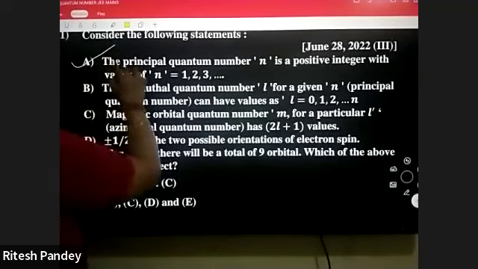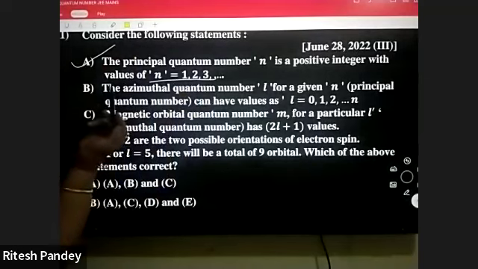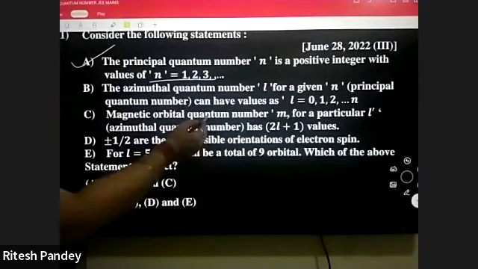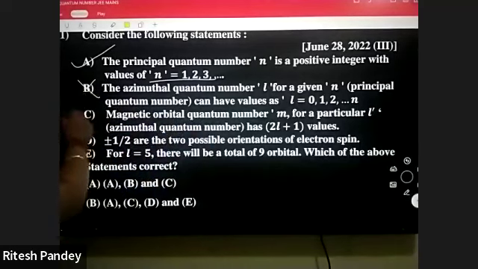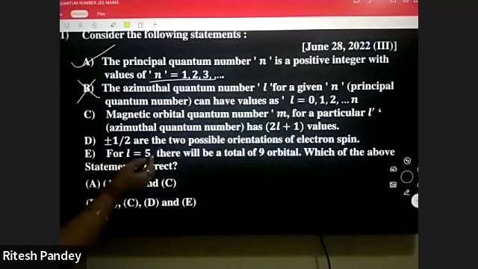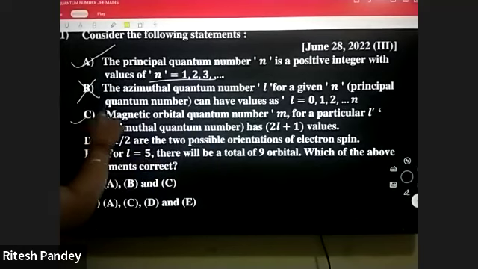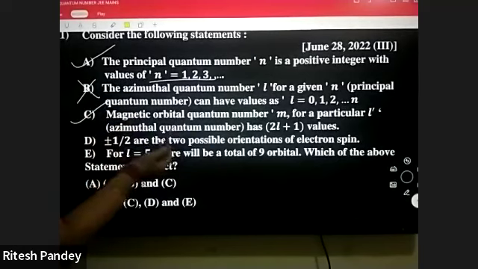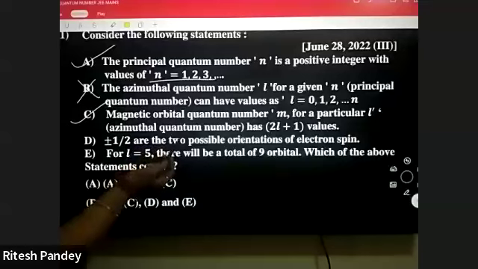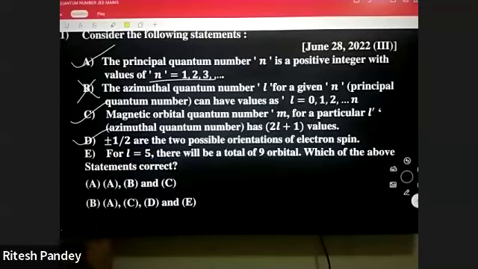A is certainly right. This comes from Bohr's postulates. As with the quantum number, L can have a value from 0 to n minus 1, so this is incorrect. Magnetic orbital number for a particular L has 2L plus 1 values is correct because it starts from minus L to plus L. Plus half, minus half are two possible orientations of electronic spin. That also looks good.